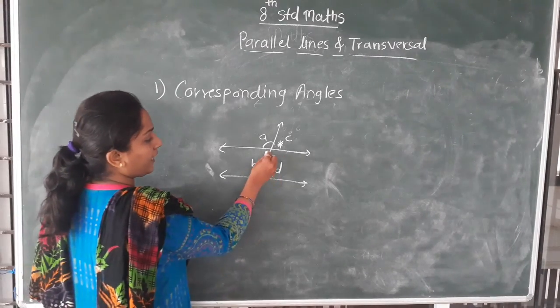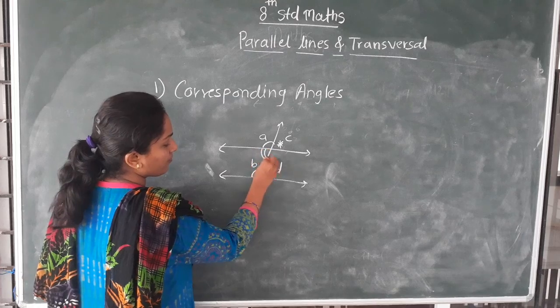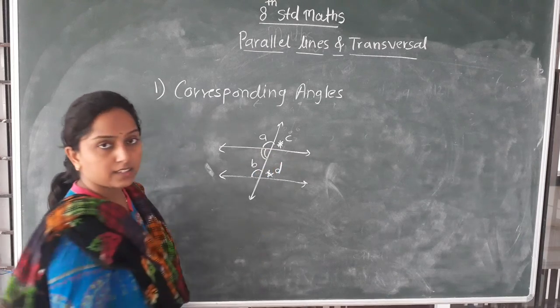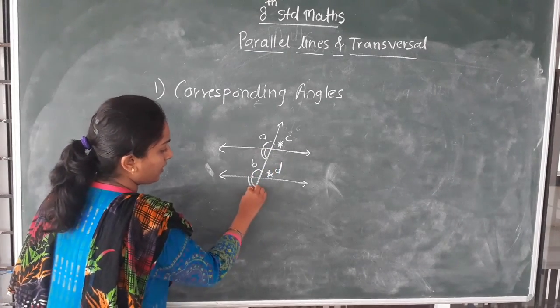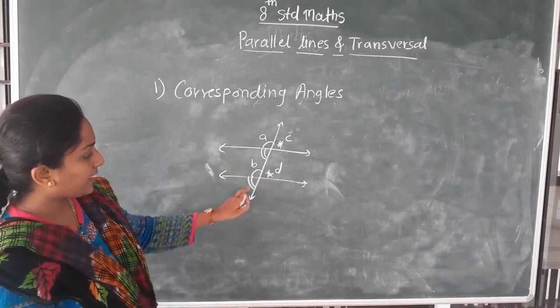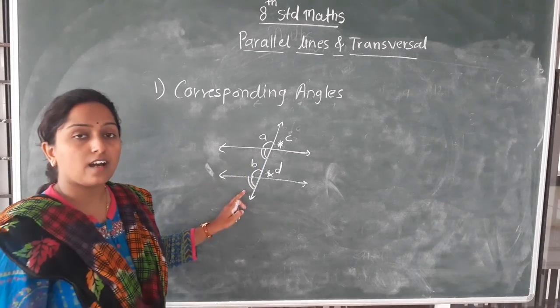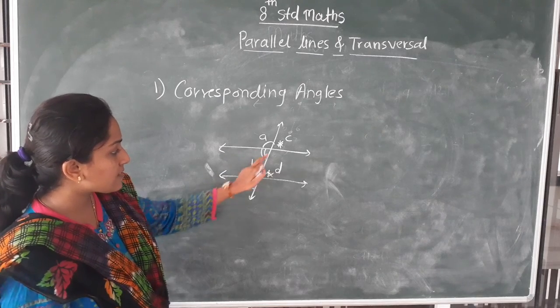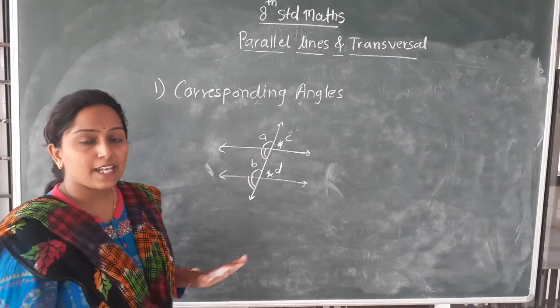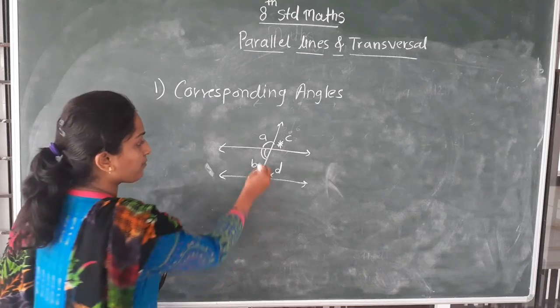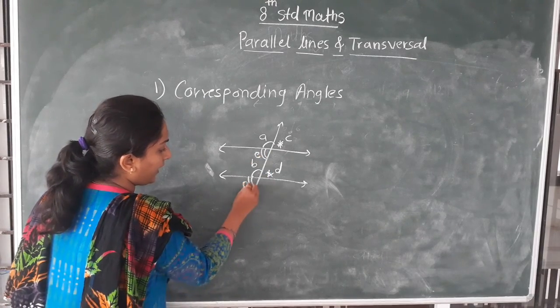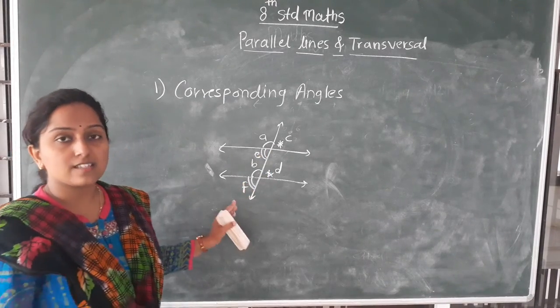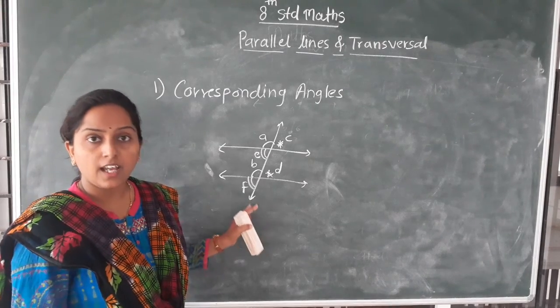Now, if I take this one and this one, these two angles are also on the same side of the transversal and their arms show the same direction. That's why angle E and angle F is the third pair of corresponding angles.